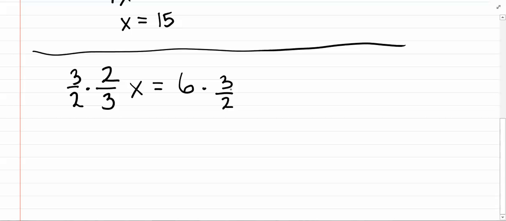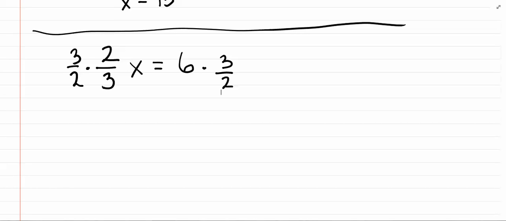And as you can see, that is the inverse, because when you multiply or divide by the inverse, you want to get 1. And here we're going to get 3 times 2 over 2 times 3, which is 6 over 6, and it cancels. Or another way to look at it, you're going to have 3 over 3, so they cancel, and you're going to have 2 over 2, and they cancel.